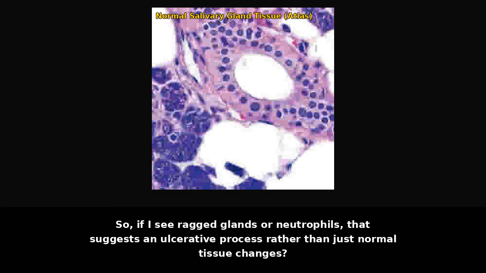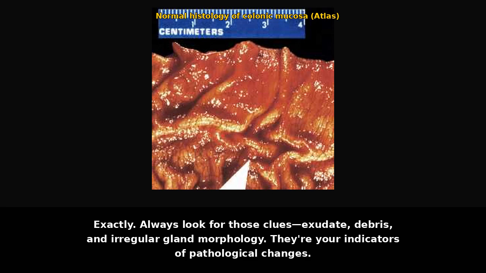So if I see necrotic debris or neutrophils, that suggests an ulcerative process rather than just normal tissue changes? Exactly. Always look for those clues: exudate, debris, and irregular gland morphology. They're your indicators of pathological changes.